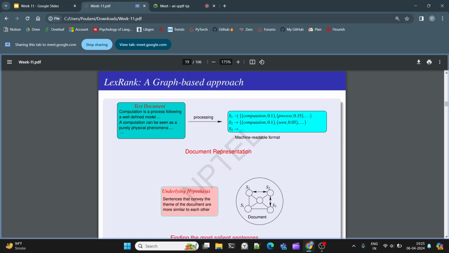You can still find the sentences, represent the sentences in the document, formulate the graph, and use the hypothesis. It's still relevant. You can consider multi-document as simply fusing all the single documents. So it's vice versa, valid in both cases.